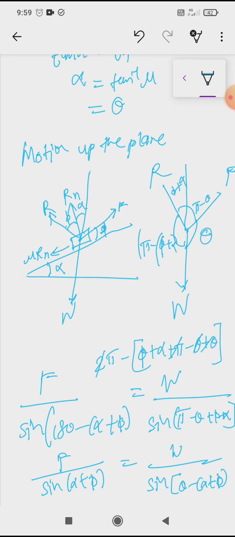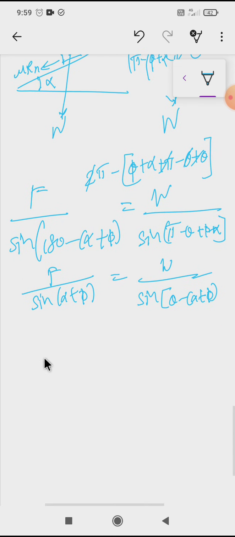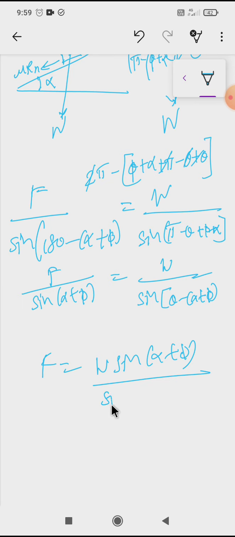So the force F, if I make F the subject, will be equal to W sine alpha plus phi divided by sine theta minus alpha plus phi. This is the force for moving up the plane.